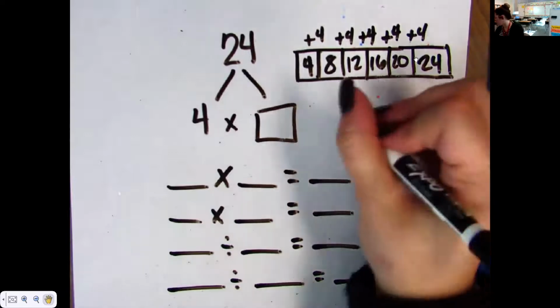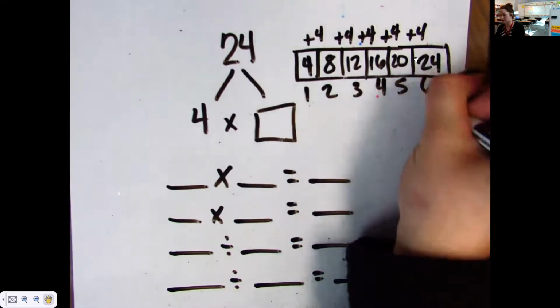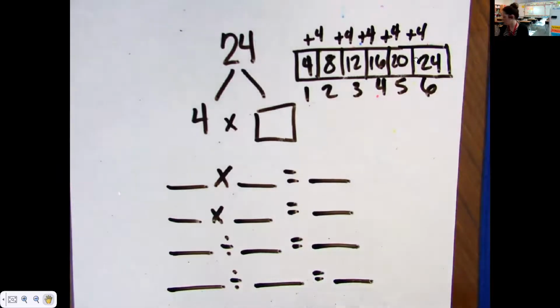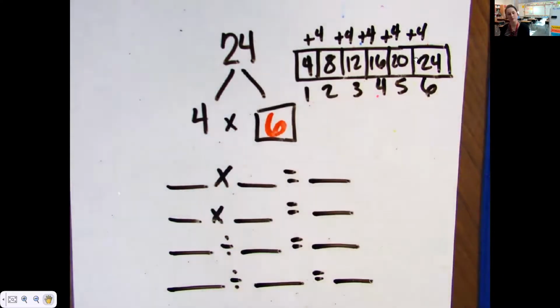And I'm going to count. I have 1, 2, 3, 4, 5, 6. So I have 6 strips. So I know that this missing number has to be 6. So that's what you have to figure out first, is what's the missing number.